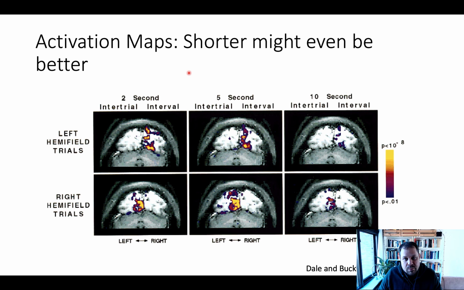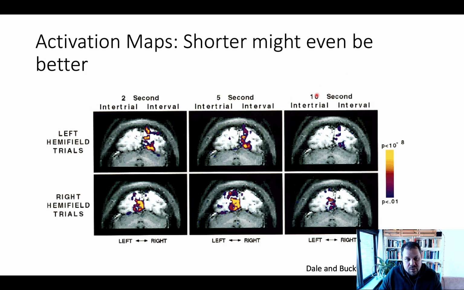And as you might remember, presenting something in the left visual field activates neurons in the right visual cortex.